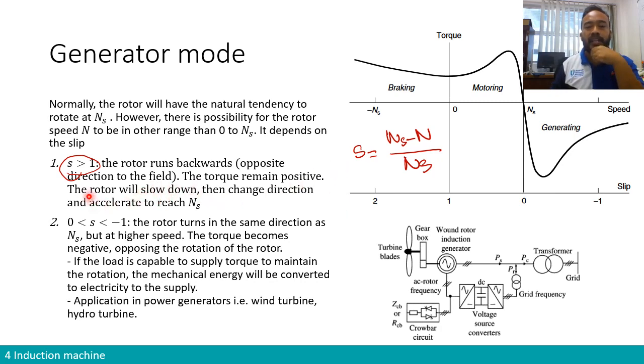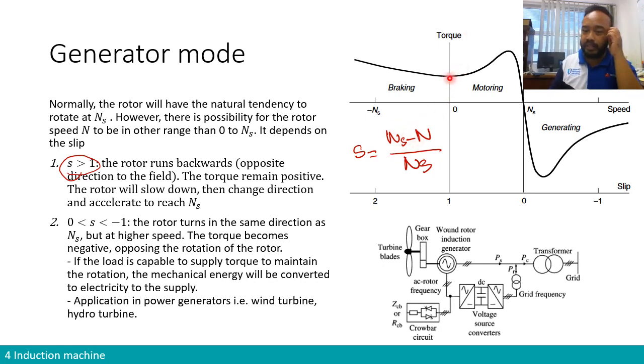So what's going to happen is that due to the torque, the rotor will slow down, and then it will change direction and accelerate back to the synchronous speed. For example, at a rotor speed equal to 0, we have an s at a certain value.